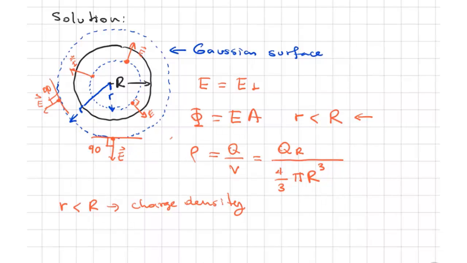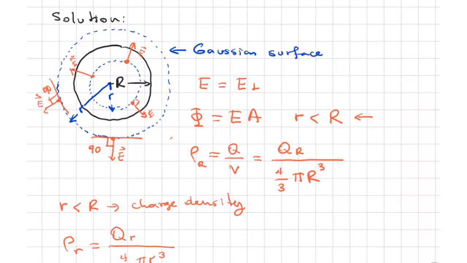In this case, rho of r is equal to the charge inside the Gaussian surface, Q of r, divided by the volume of the Gaussian surface, which is 4/3 pi r cubed.